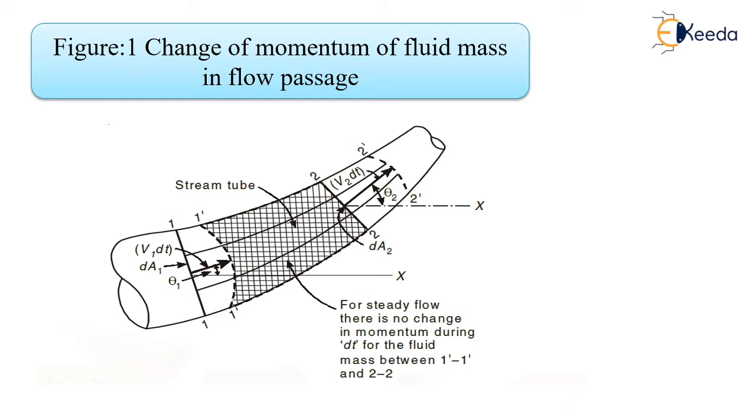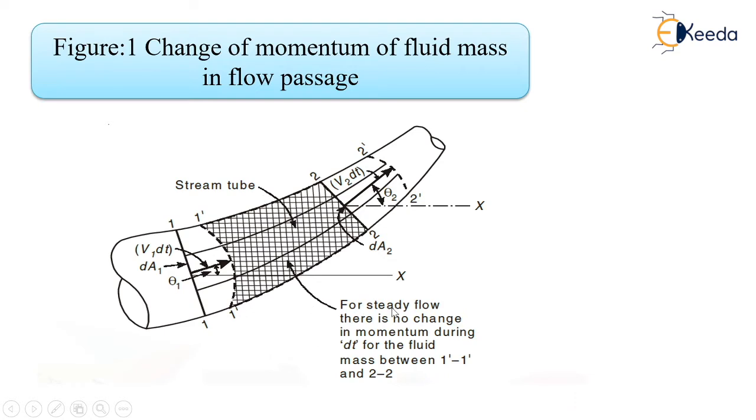This is our section 1-1 dash and 2-2 dash. These are curved because the velocities of flow at these two sections are non-uniform. Here, between 1-1 dash and 2-2, this is our shaded portion. Keep in mind this is our shaded portion.